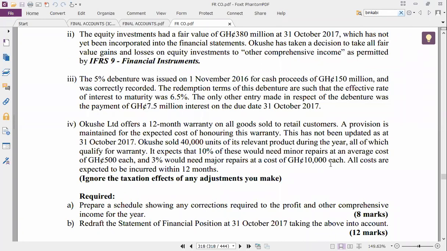So the average cost of 500, just multiply 500 by 40,000 and then by the 10%. Then 3% for the major one, you find 10,000 on the 40,000, then you find the difference on that.